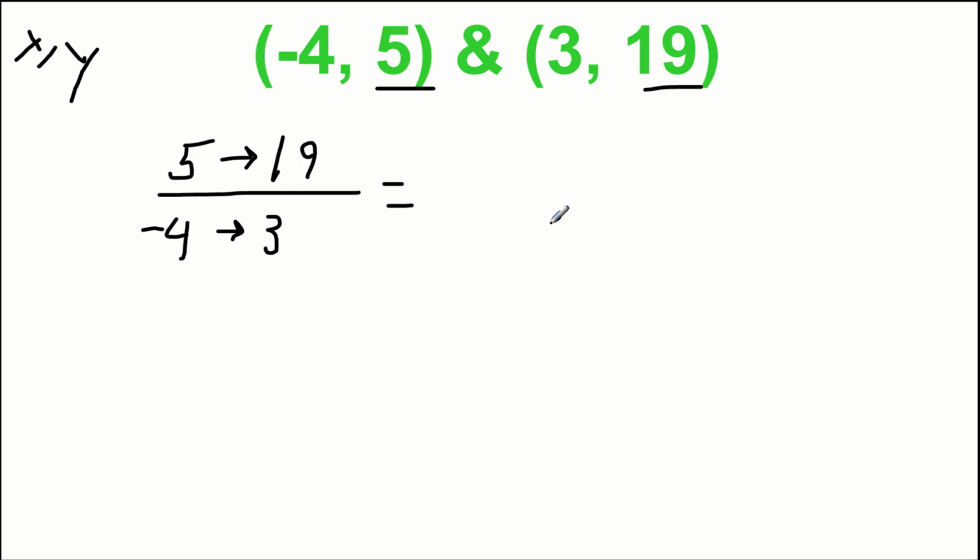So from 5 to 19, how far is that? 14. When the signs are the same, basically you end up subtracting the two numbers to get the distance between them. From -4 to +3, how far is that?